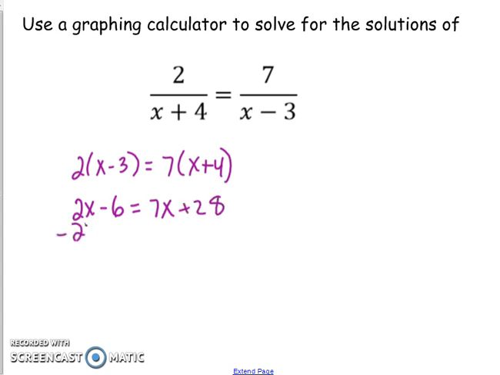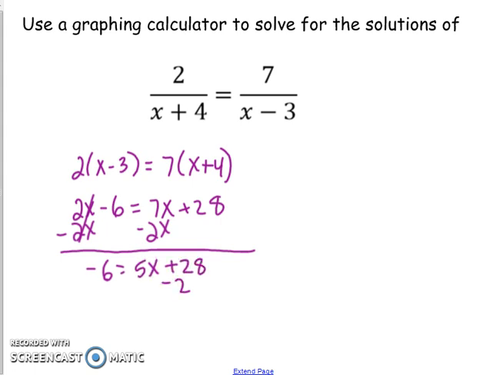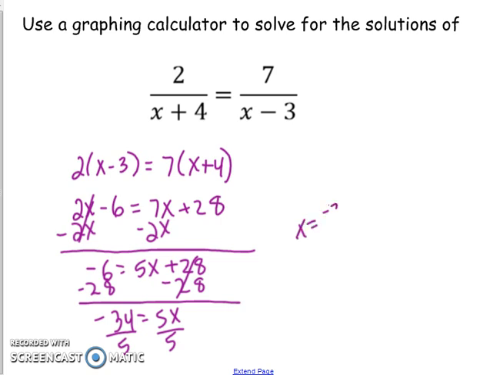I'm going to subtract the 2x, so negative 6 equals 5x plus 28. Then I'm going to subtract 28, so I get negative 34 equals 5x. Then divide both sides by 5, so x is negative 34 over 5. If we translate this to a decimal, it's going to be negative 6.8.